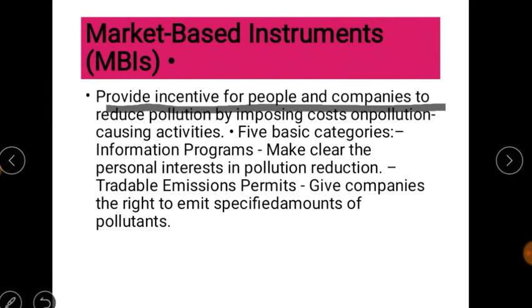Specified amounts of pollutants are allowed. This instrument will give companies the right to emit a specified amount of pollutants.